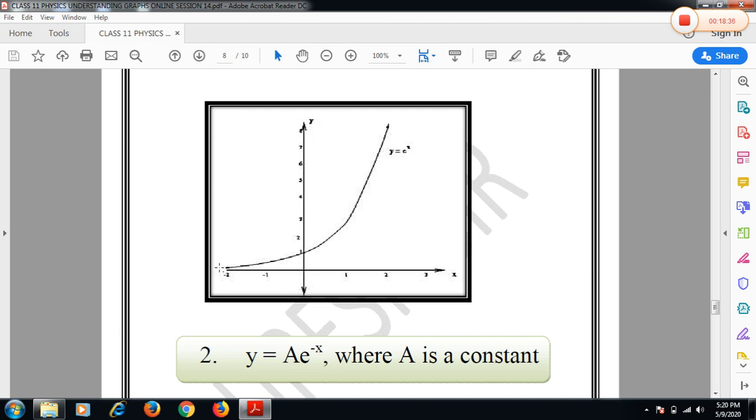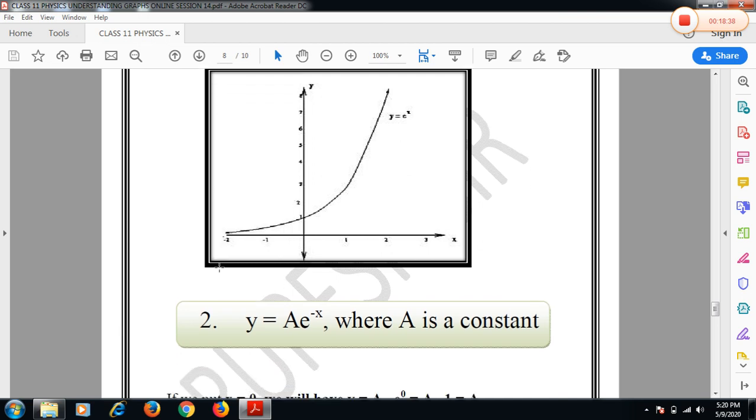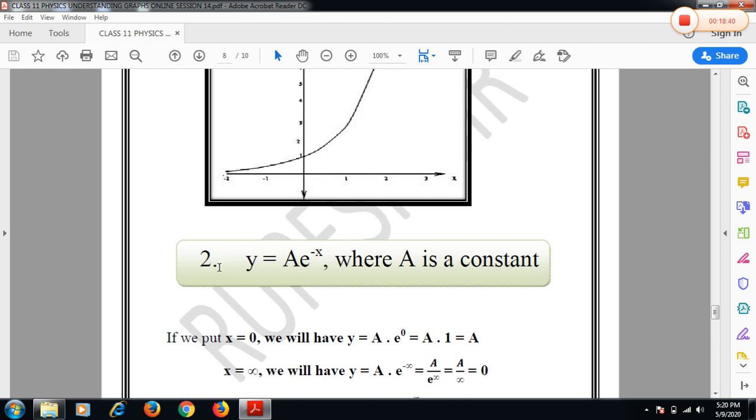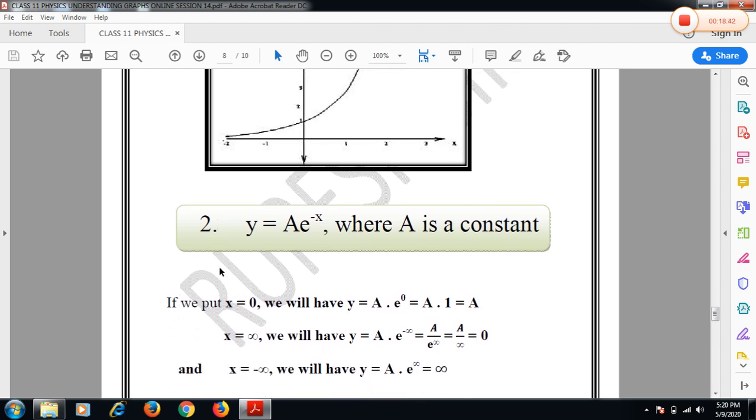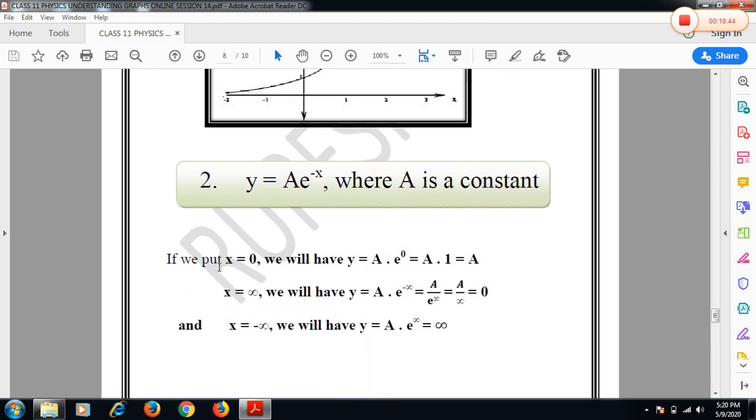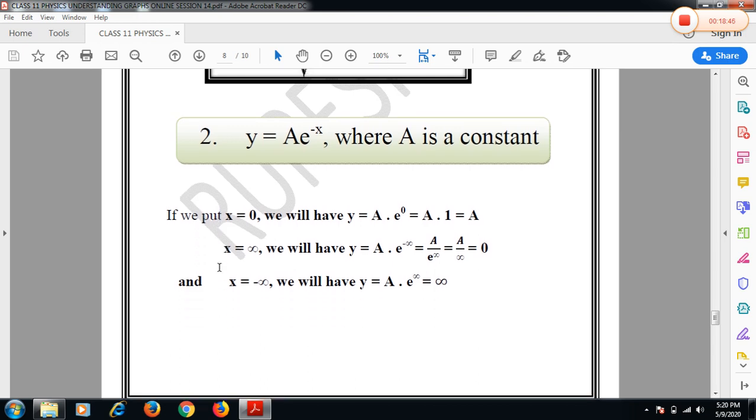Okay, students, let us move to the second type of form, which is another crucial form. y equals a into e to the power minus x, where a is a constant. This type of form is known as an exponentially decreasing curve.